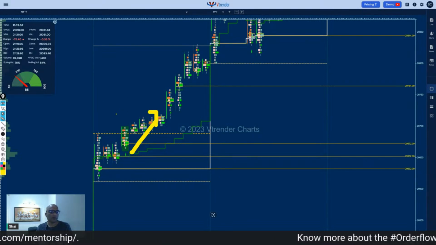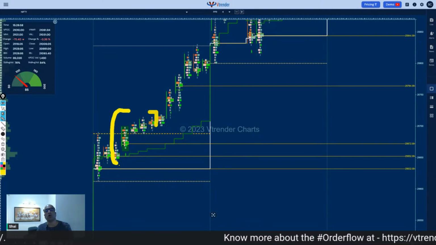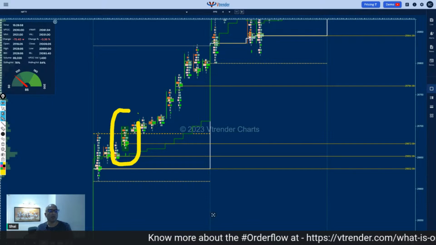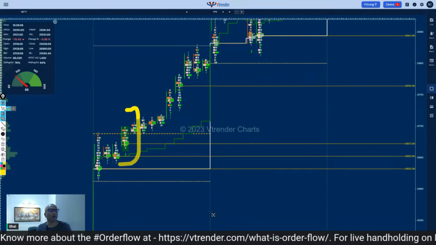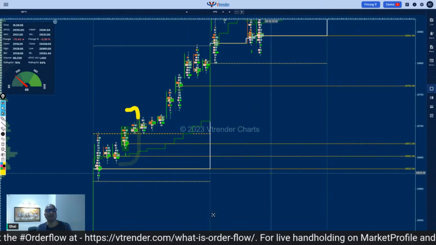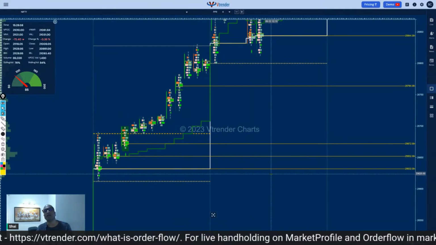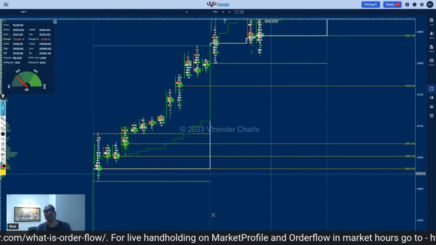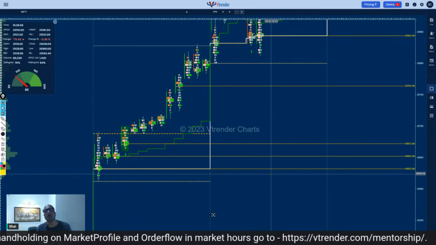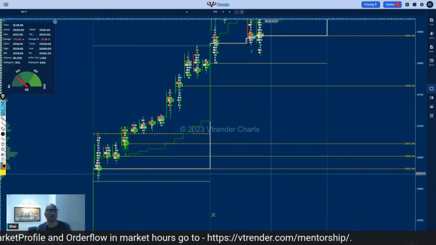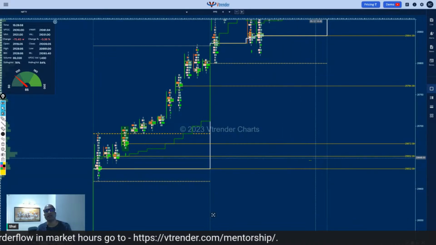Now there is a quality level attached to all of these initiative buyers. The volume in the initiative buying bar is very important, and it is a driver of price also, right? So a bar of, let's say, 100 contracts and a bar of 5,000 contracts have two different meanings in order flow. So we have to understand where that bar is.